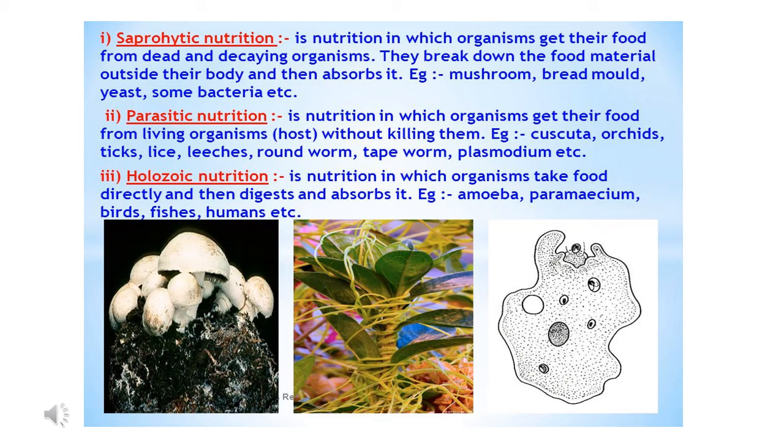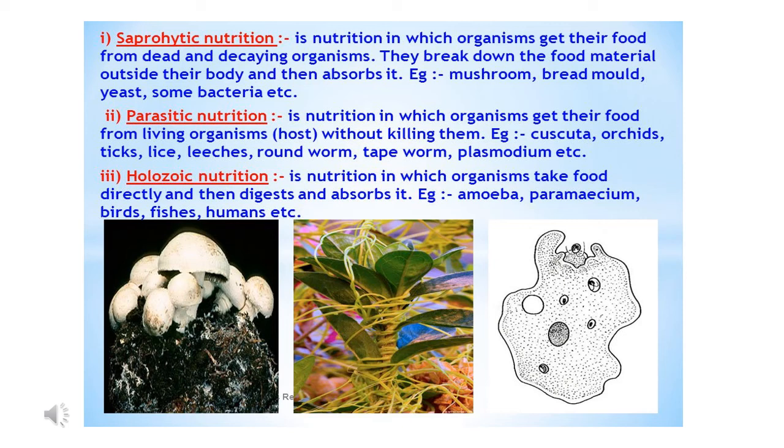In this nutrition, organisms get their food from dead or decaying organisms. They break down the food material outside their body and then absorb it. So here they are dependent on dead and decaying matter. Examples of organisms which are saprophytic in nature are mushroom, bread mold, yeast and even some bacteria.